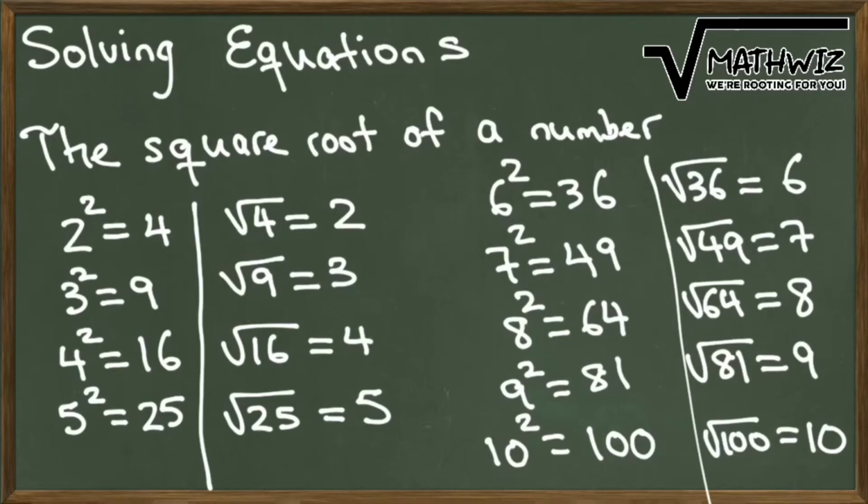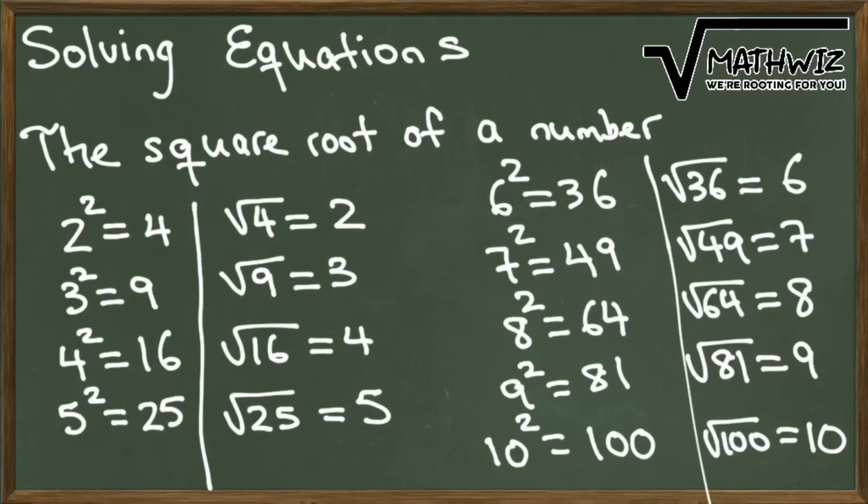Similarly, 5 squared is 25, so the square root of 25 is 5. 6 squared is 36, and so the square root of 36 would be 6. I've given them to you up to 10 squared, but usually I would say it's pretty good to know even up to about 13 squared. So you can go ahead and fill those in.